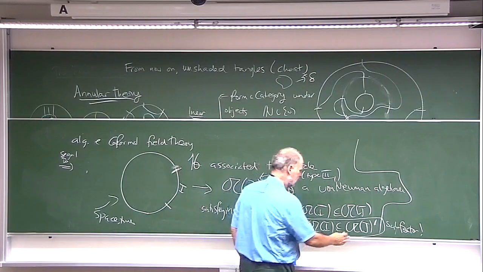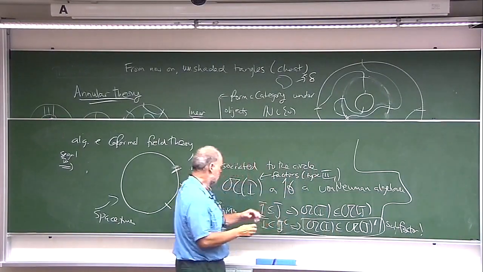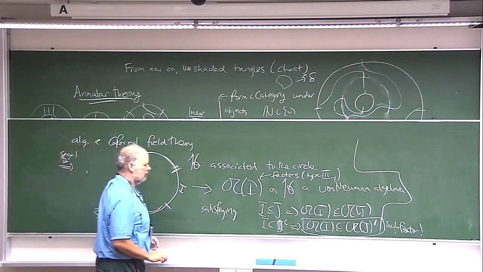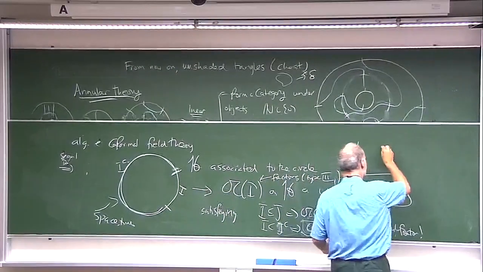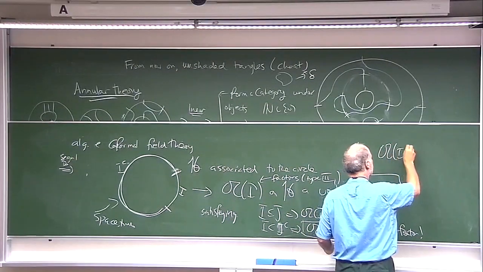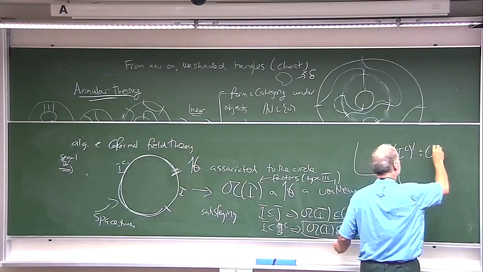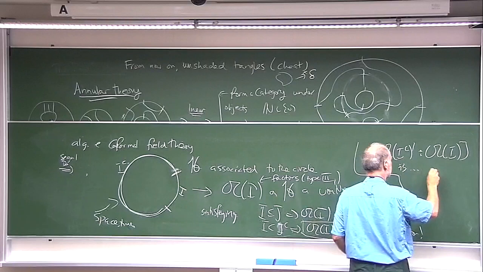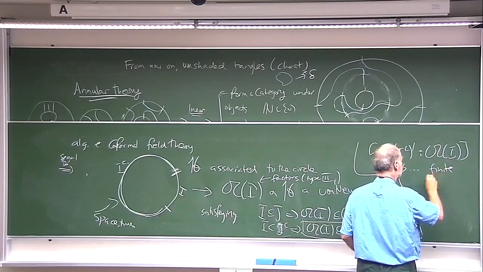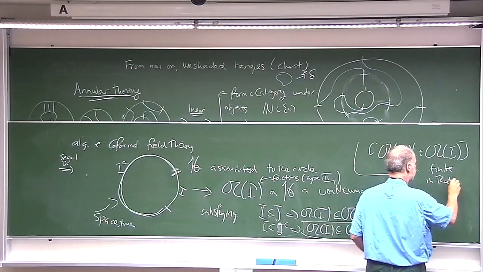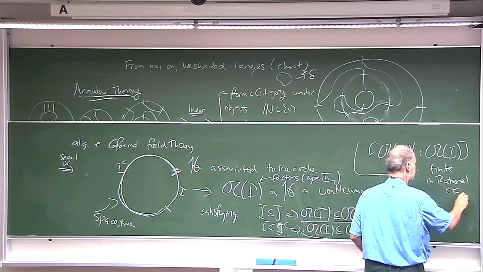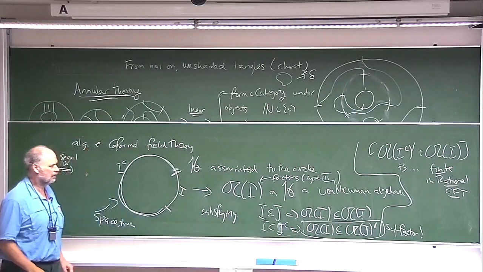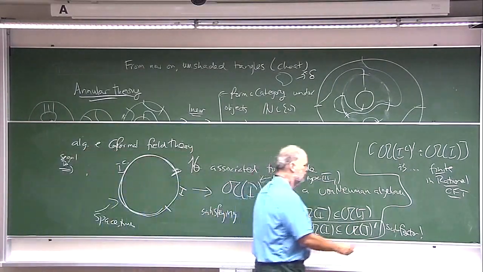And if you make J equal to the complement of I, so if we have I here and I-complement here, then the prediction is that the index of A of I-complement prime in A of I is finite in rational conformal field theory. This has actually been proved by Wassermann in some cases and extended to lots of other cases by various other people.